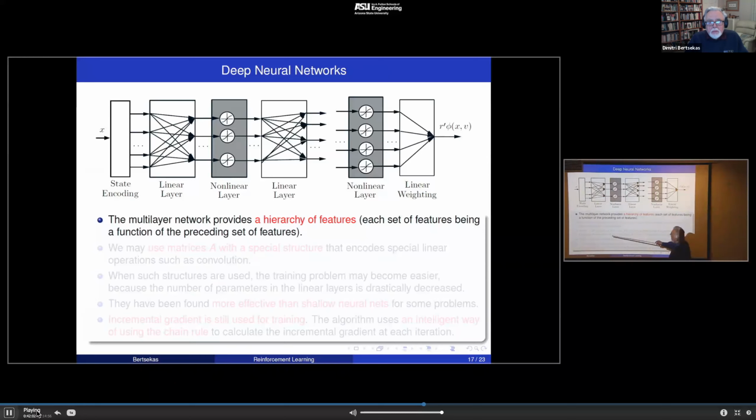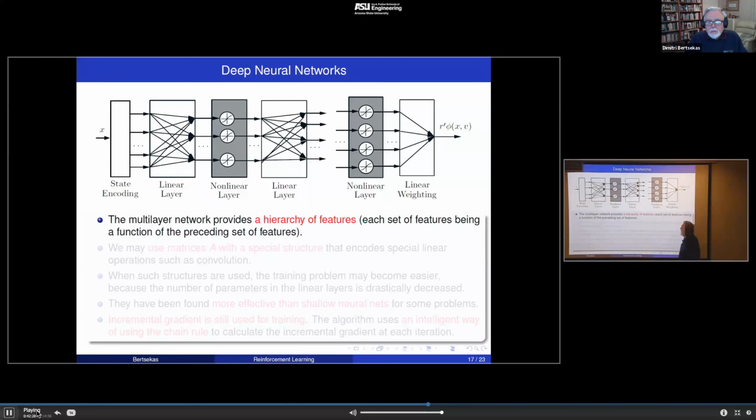Okay, so we have X. It goes through a state encoding layer, and goes through a linear layer, and then through a nonlinear layer. And over here, instead of going straight out and picking up those features and linearly weighing them, we use them as input to another linear layer, the output of which is fed into another nonlinear layer, and so on. And you can have quite a few nonlinear layers.